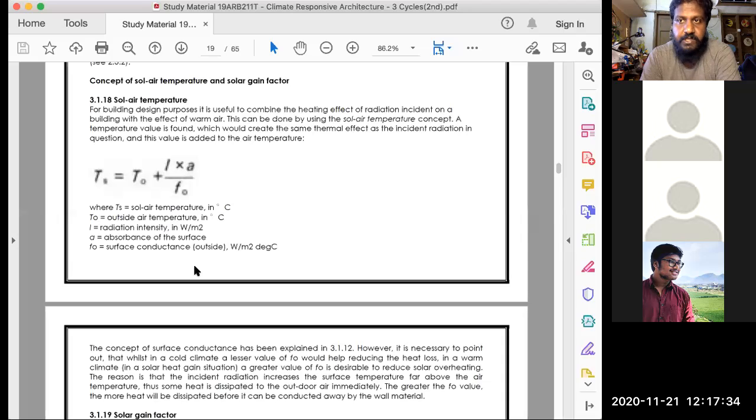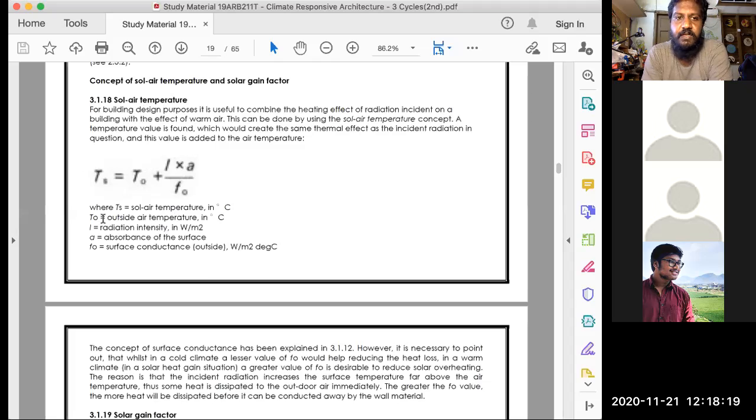But there is another factor other than the atmospheric temperature which plays an important part in heat transfer: the incident radiation, the sun's rays incident on a side. Beyond the temperature difference between outdoor and indoor, there's the angle of incidence of the radiation, which is the sun's rays hitting the surface. As we spoke about radiation, two factors play into it: the absorbance and the reflectivity. And how that works is all about solar temperature.